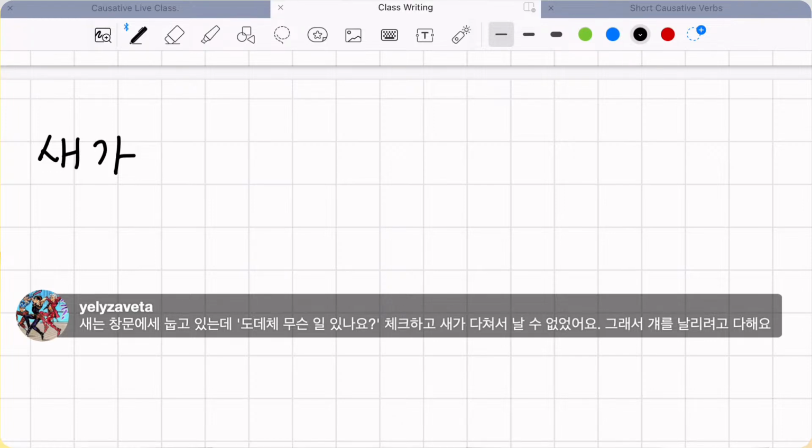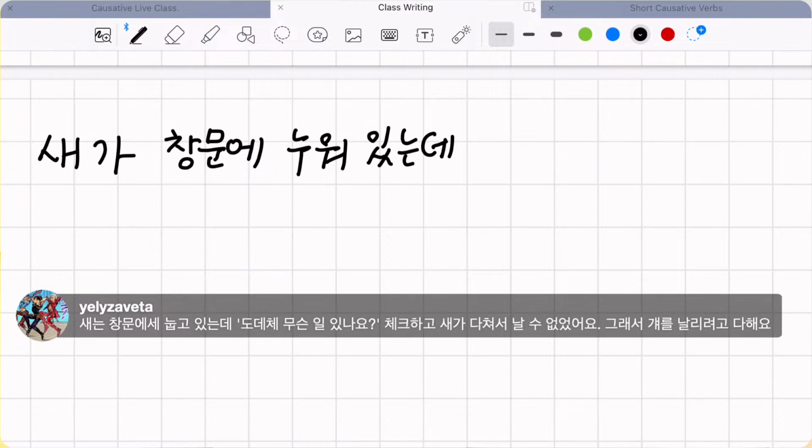So you can say 새가 창문에 누워 있는데. Then if you want to say someone is lying down, someone is laid down, right? You can combine it with 있다, the state describing expression.